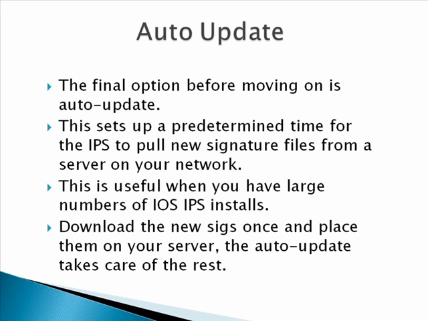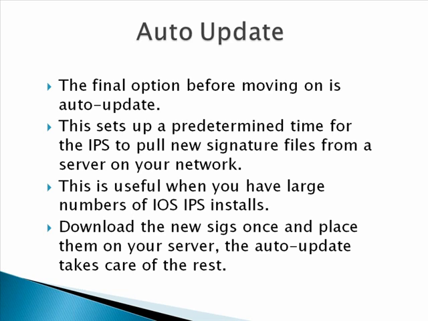Okay, before we move on, the auto update command. It sounds like a good option, and it is, but say that you have, again, 250 of these IOS IPSs out on your enterprise. Each branch office has one. You don't want to have to update them manually each time a new signature engine comes out.